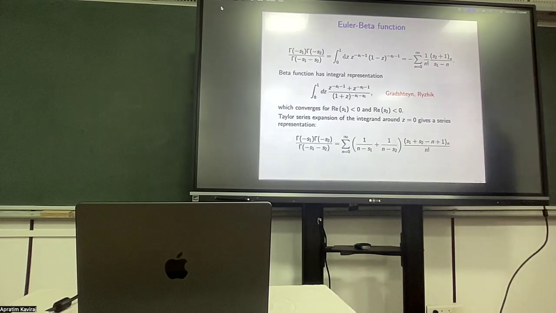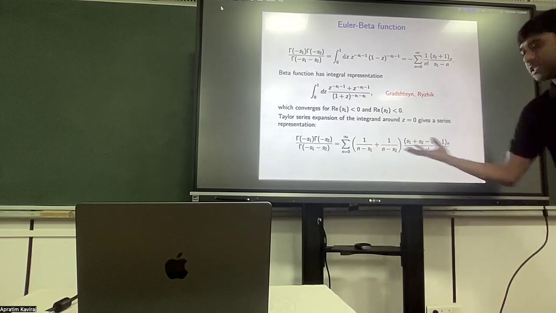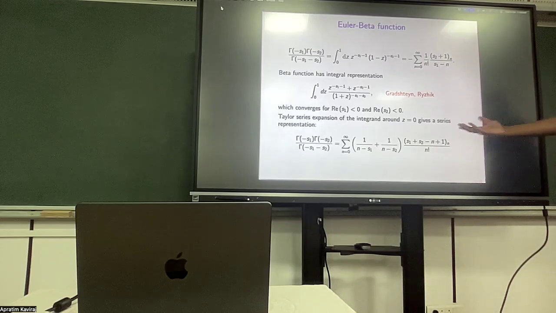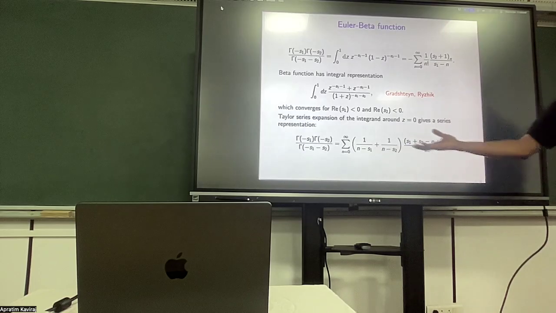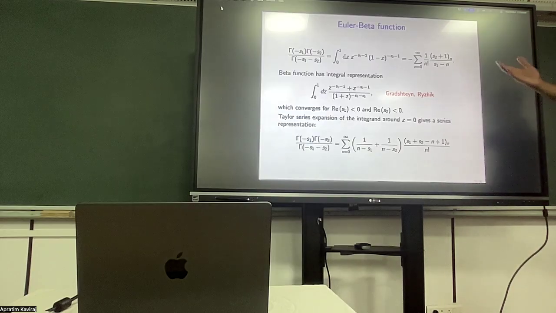Integrating term by term, we will have a series of this form. We may think that this is a perfectly valid series, in the sense that it has poles in both the s channel and the t channel. So this is a desired representation that we can talk about.